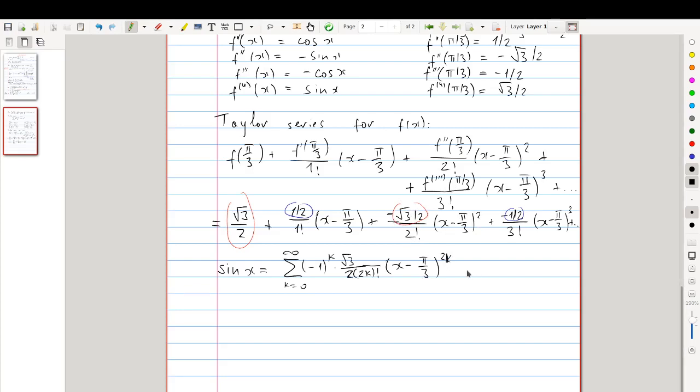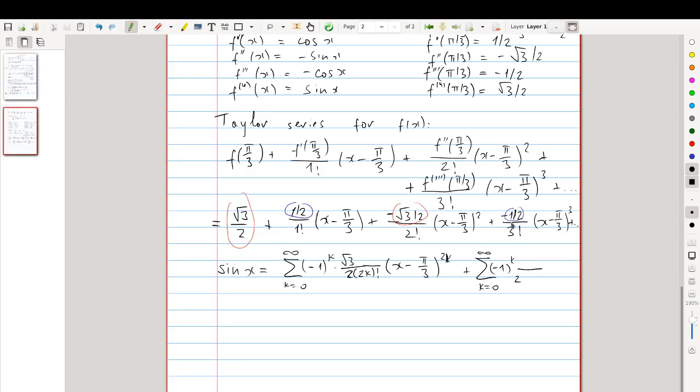And as to the odd order derivatives, the terms that contain odd number derivatives, for them we also have alternating signs starting with plus. They have to be multiplied by 1/2. So we'll just put 2 over here.